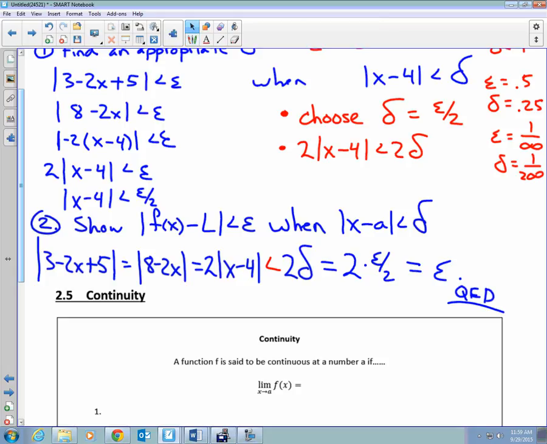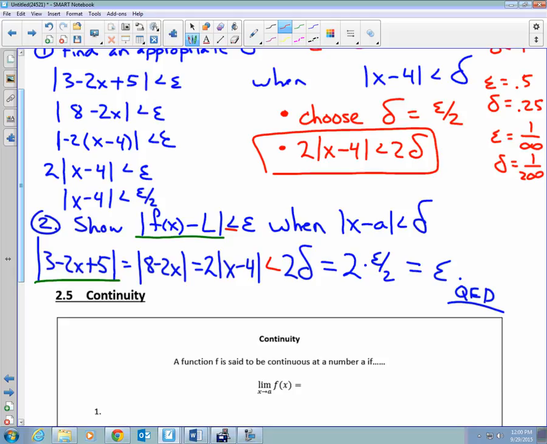Again, you have this part. You have this part right here. 2 times delta. We chose delta to be epsilon over 2 because of our work here. So instead of a delta, I write epsilon over 2. I substituted that in. 2 times came from right here. 2 times x minus 4 is less than 2 times delta.